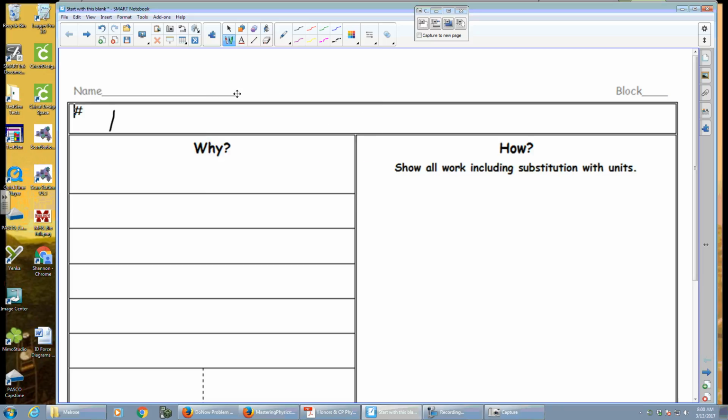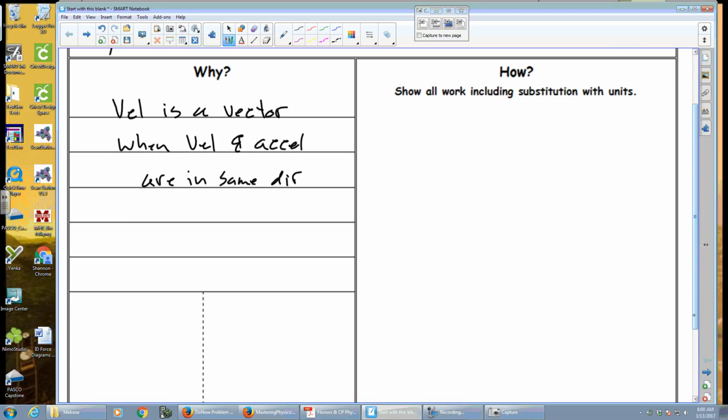So written Y for this one, I would say some things like velocity is a vector, and when velocity and acceleration are in the same direction, the car speeds up.